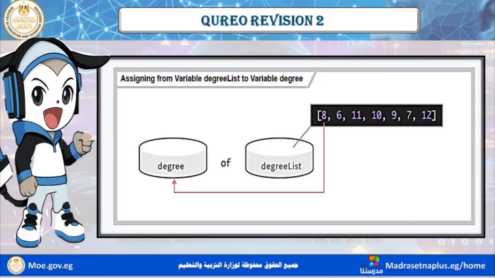We have here a list of degrees or an array of degrees, and each time we fill the variable degree by an element of the array. One by one, first 8, then move it and assign 6, then move it and assign 11, then move it and assign 10, till we reach the last one.